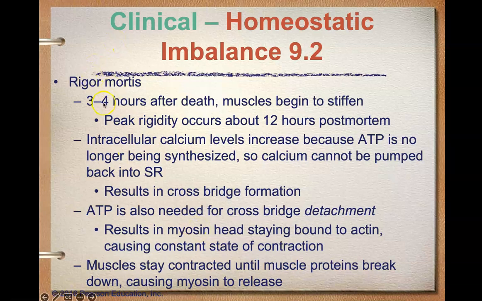This typically happens about 3 to 4 hours after death. And then those muscles really start to stiffen. Peak rigidity, they say, occurs at about 12 hours post-mortem, which is really interesting that it takes that long.